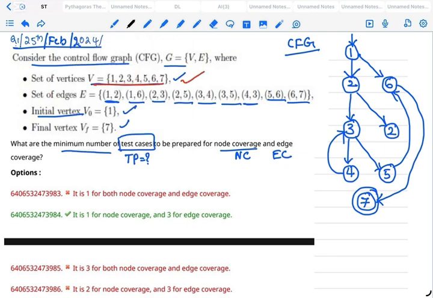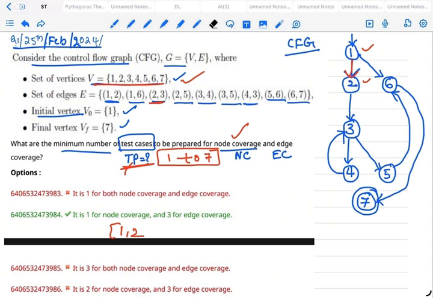So is there any test path that covers all the 7 nodes? We will check. Is there any test path which covers all the nodes, that is nodes 1 to 7? This is node coverage. Node coverage means the test path covers all the nodes in the control flow graph. Okay, 2 to 2 is not correct.